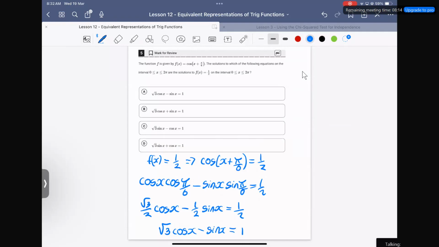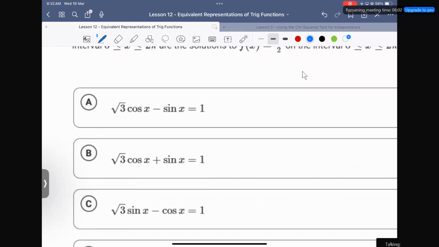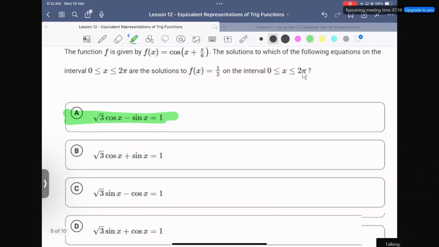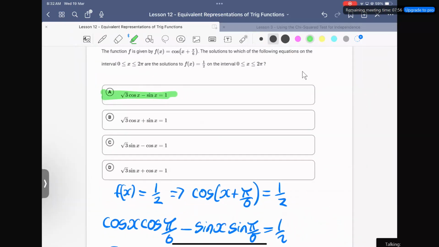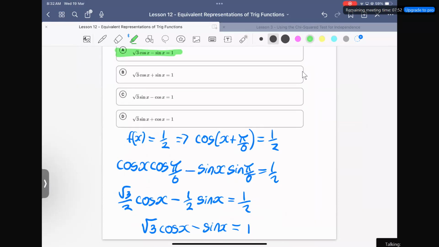So, do we have one that matches that? I believe it to be A. Yes, that one matches. The other ones all look like they almost match, but not quite. Okay, that is it for today.